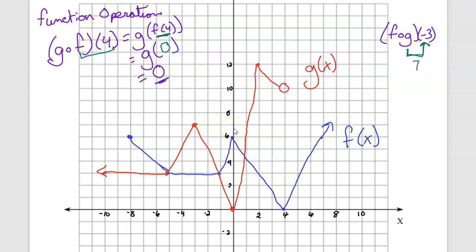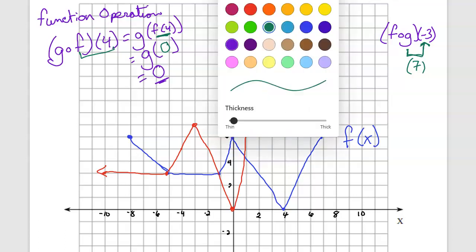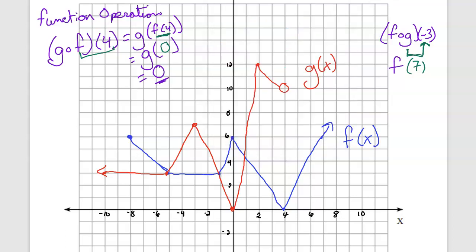So this is at 7. And then I will find f at 7. So I come over to a positive 7 and follow it to where it hits f, which is at 6. So f of g at -3 is actually 6.